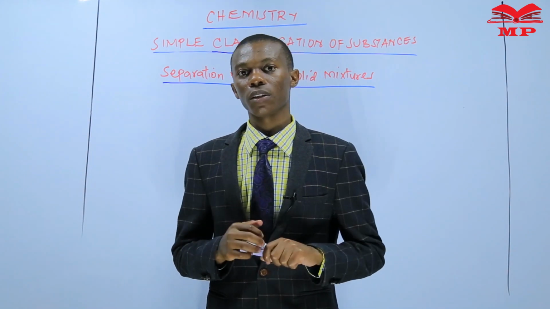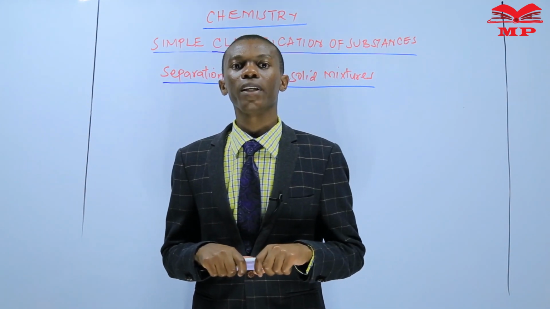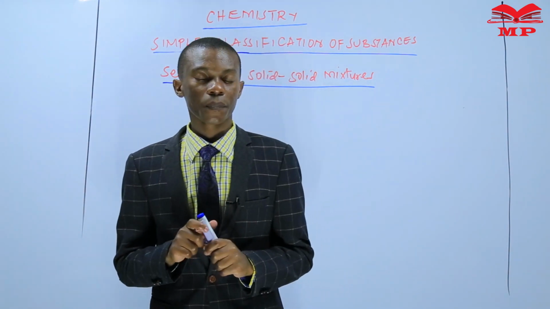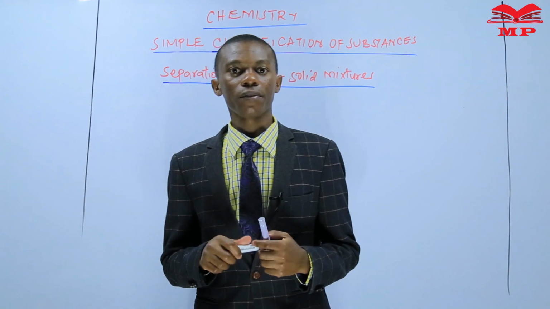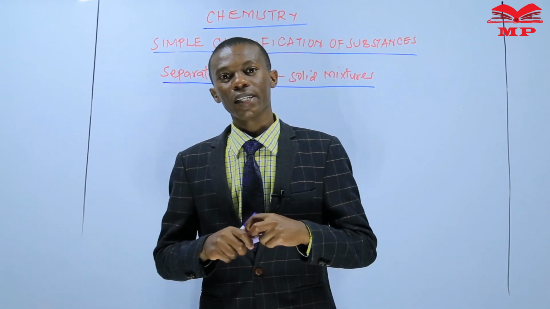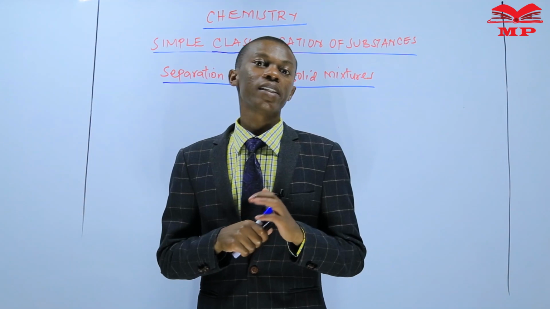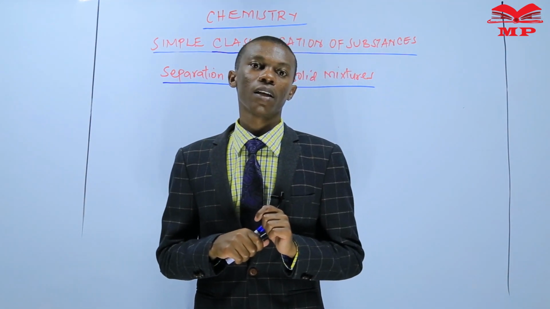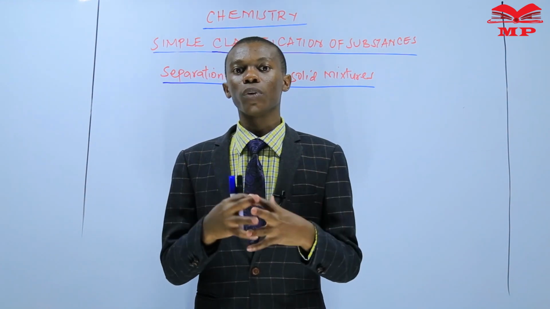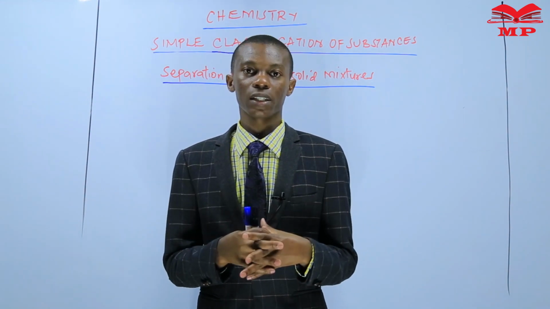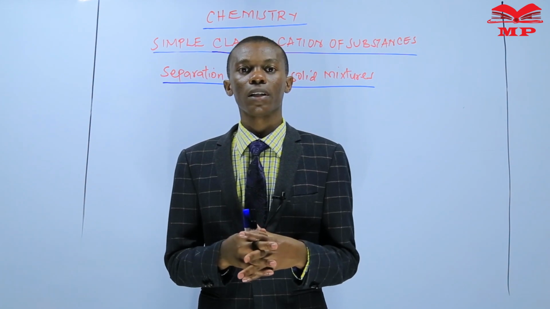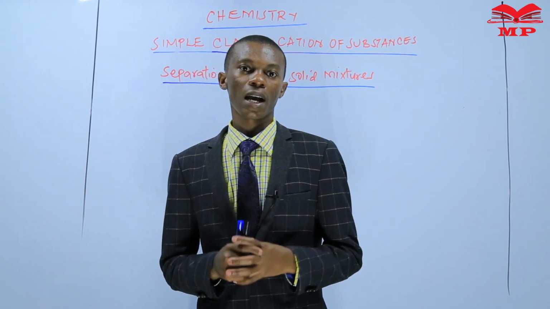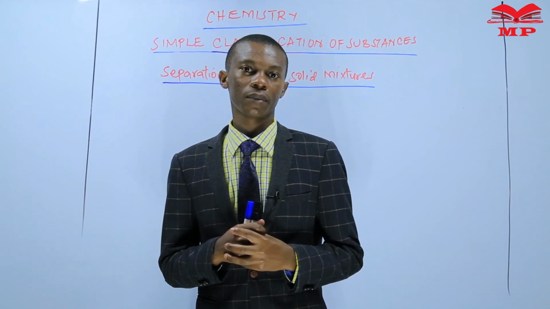In our previous lesson, we discussed how you can separate a mixture of iron filings and sulfur. Iron filings is a gray solid, while sulfur is a yellow solid. Therefore, when you combine the two, you have a gray-yellow mixture.